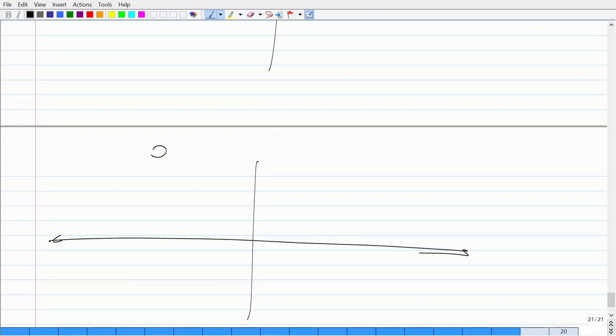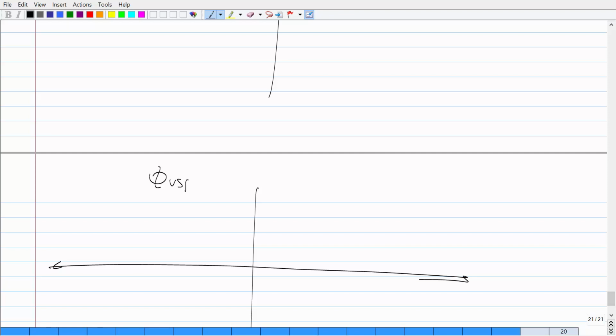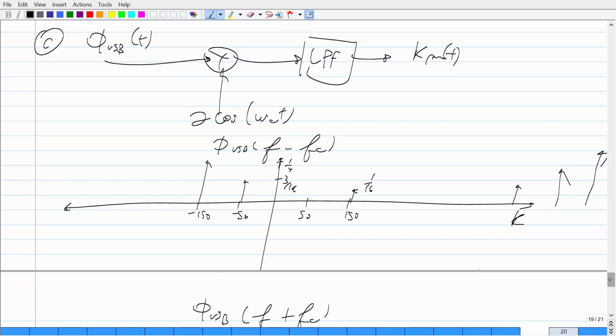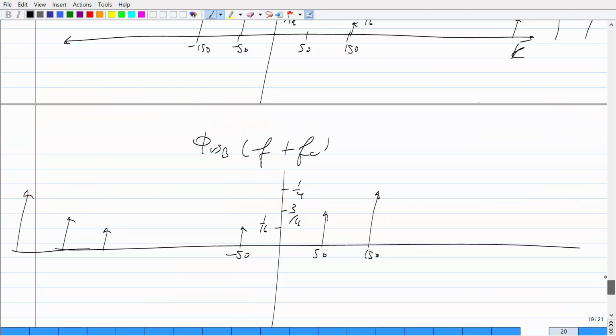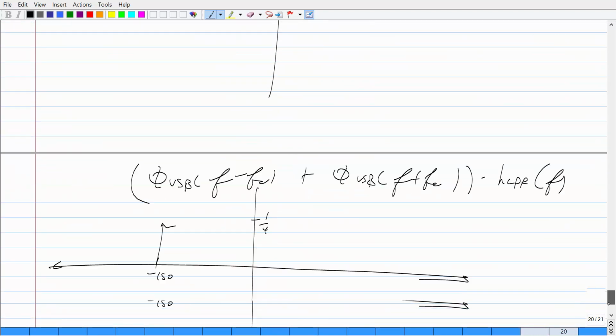When you're doing the modulation, you're doing f minus f_c plus f_c, and then you do a low-pass filter. When I add these up, we have 1/4 at minus 150, so this is scaled by 1/4. At minus 50, I have 1/16 plus 3/16, which is also 1/4.